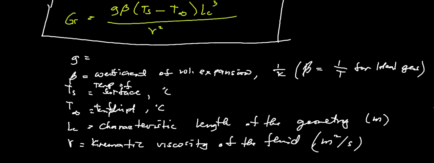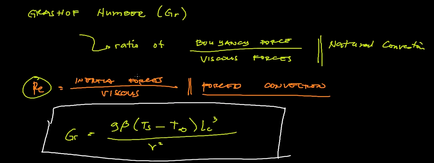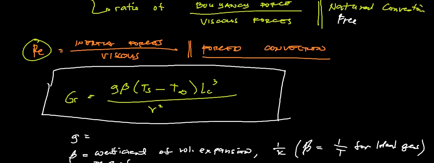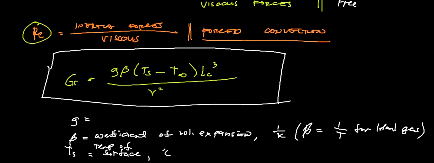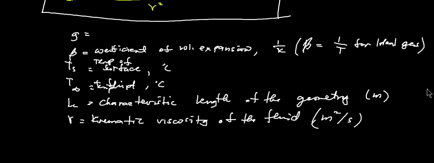Okay, so that's all for the Grashof number. Simply once again, the role of the Reynolds number in forced convection is played by the Grashof number in natural or free convection. So they are both responsible to determine the flow, whether it is laminar or turbulent flow.